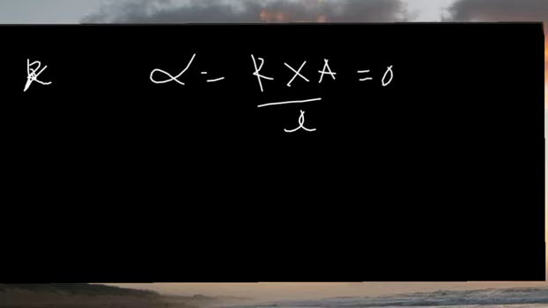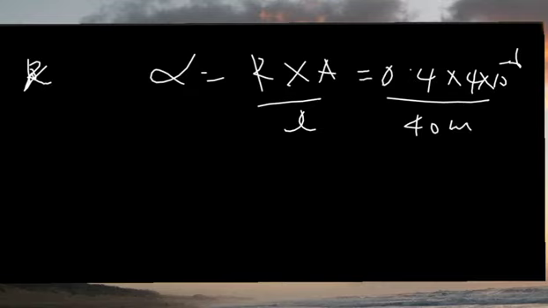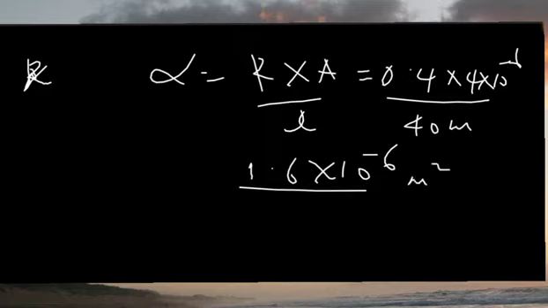Resistance is 0.4, area is 4 times 10 to the power of minus 6, divided by the length, which is 40 meters. That gives 1.6 times 10 to the power of minus 6, in ohm square meters, divided by 40 meters.